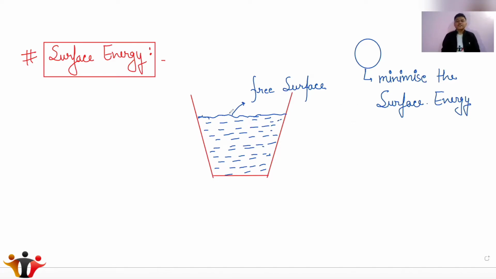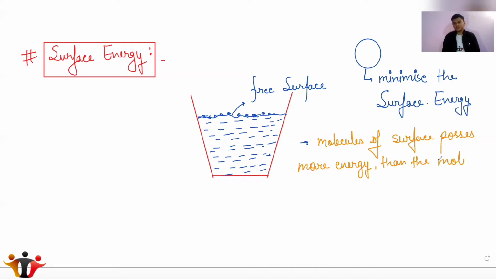Basically, the molecules present at the free surface possess more energy than the molecules present inside.